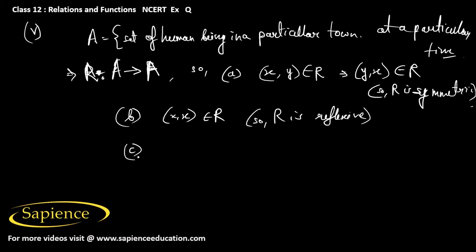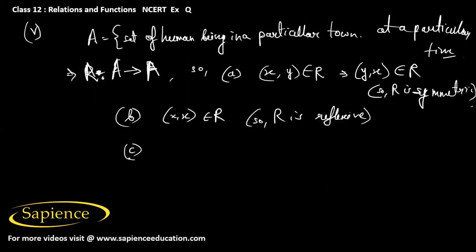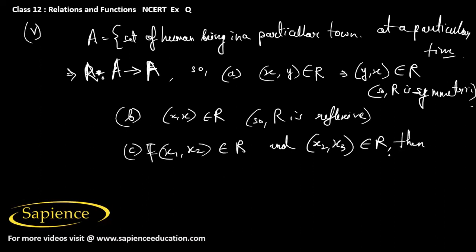And part C is that if x1 comma x2 belongs to the relation R and x2 comma x3 also belongs to the relation R, then x1 comma x3 also belongs to the relation R. Since it means that x1, x2, and x3 all work at the same place.